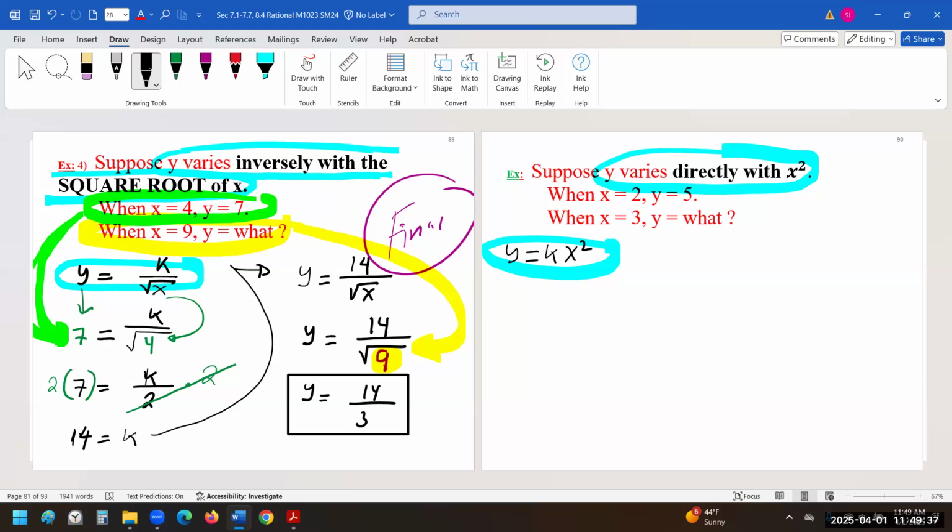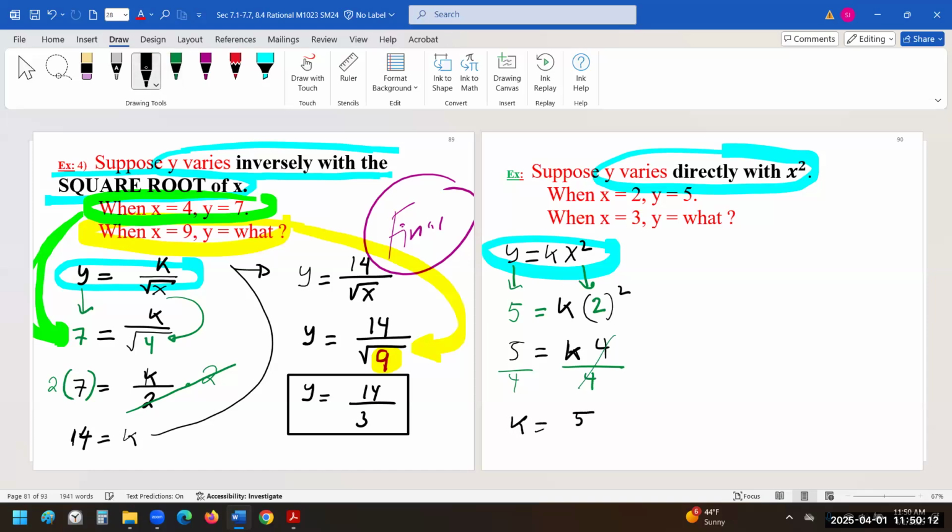Mustafa. So what is y? 5. We don't know k, but what is x? 2 squared. So we have 5 equals k times what? 4. And then what do we do? We divide by 4. So 4 cancels out.